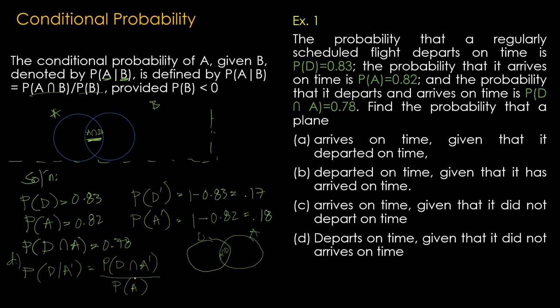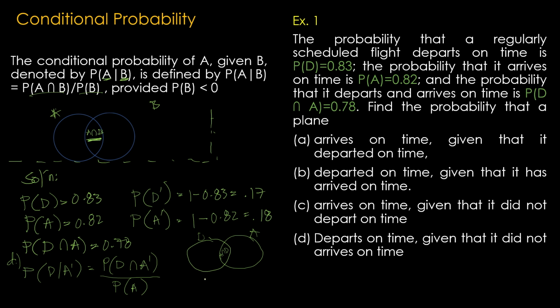Here we need to calculate the probability of the intersection between D and A prime. What is the definition of A prime? Everything that is not in A, that is our A prime, or A complement.